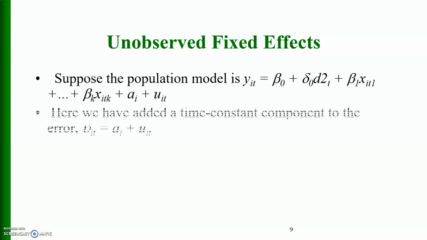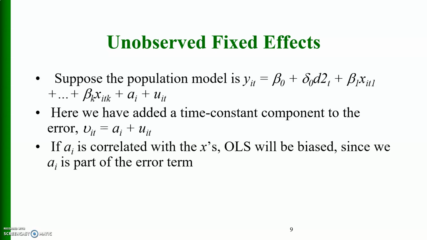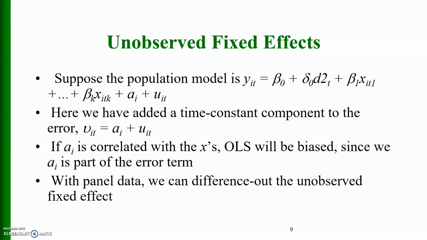Now, if you look at this model, here we have added a time constant component to the error term, that is vit has both, that is ai plus uit, where ai is the time constant component. If ai is correlated with the x variables, the OLS will be biased since we have ai which is part of the error term. With panel data, we can difference out the unobserved fixed effect.